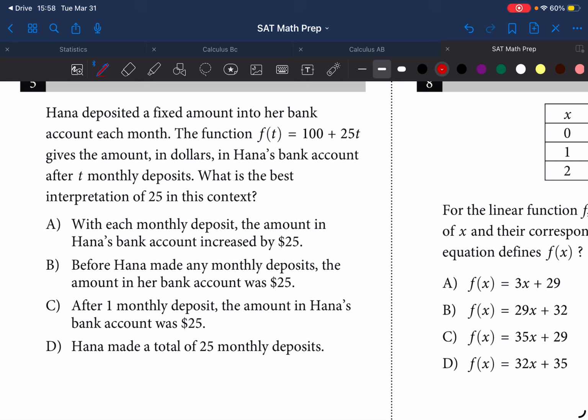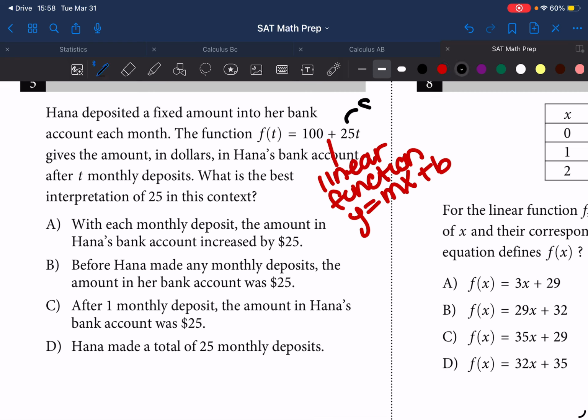So before I even look at any of these answers, notice how 100 plus 25t is representing a linear function. So it does look similar to y is equal to mx plus b. So since 25 is next to our variable, that 25 is representing our slope, so our rate of change.